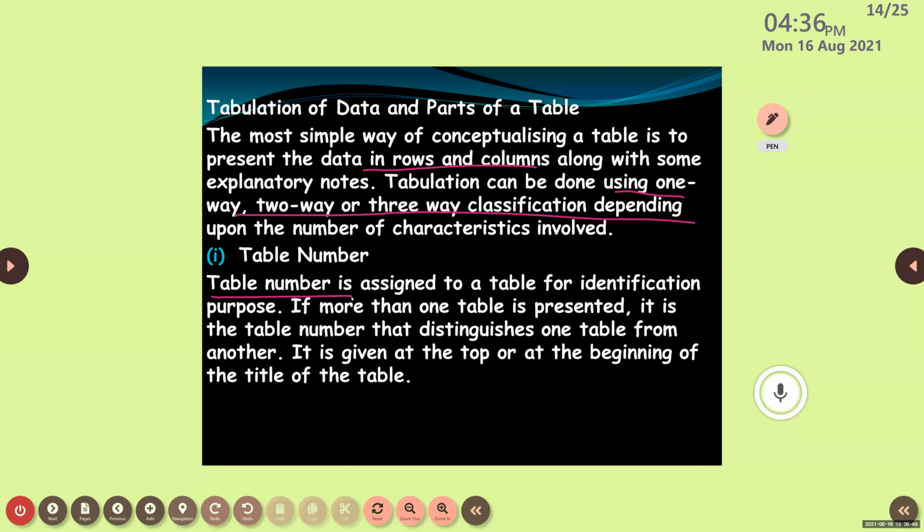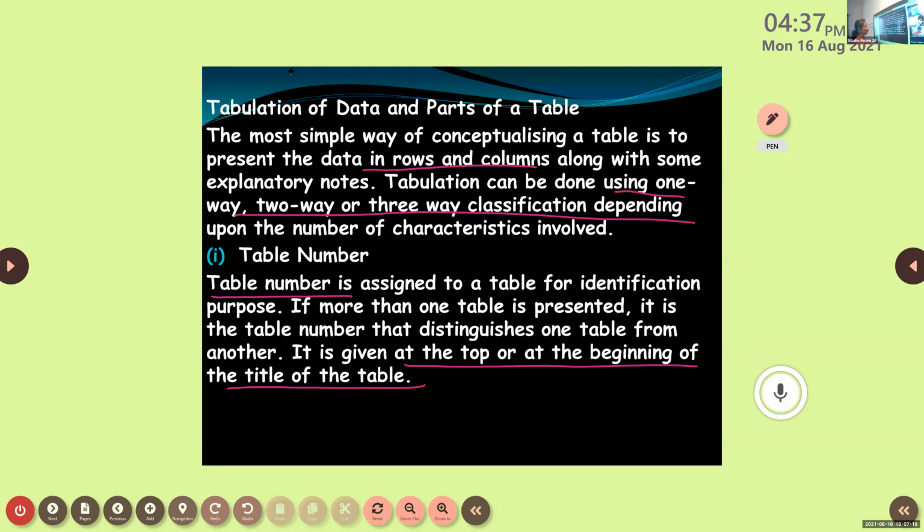Now, where are we writing this? This will be at the top of the table or at the beginning of the title of the table. So one important part of a table is the table number. Why do we use the table number? It is for identification purposes.